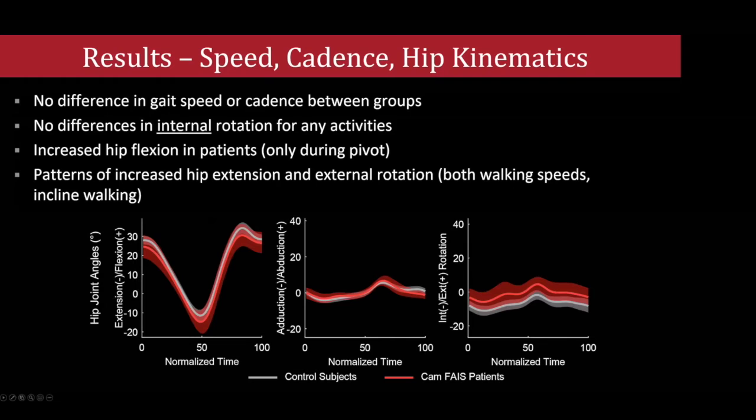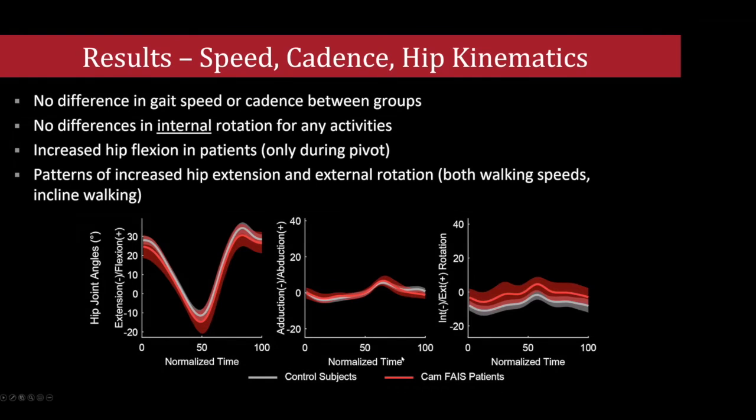And when we look at the dynamic kinematic data, on the left we have flexion extension, abduction in the center, and internal external rotation on the right. We did see patterns of increased hip extension and external rotation for both of our walking speeds, as well as incline walking. More specifically, you can see here at the peak during the middle of the gait cycle, there's a little bit more extension in the CAM group shown here in red.